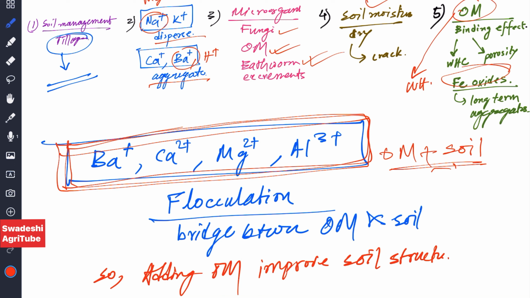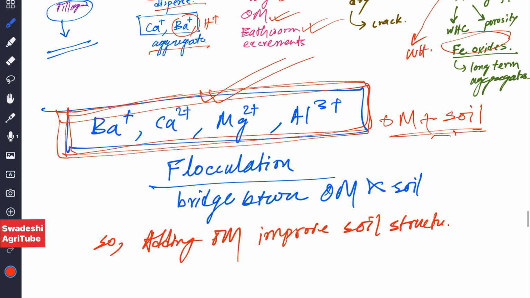When in the soil there is more presence of these ions, there will be more flocculation. Okay, and not only these ions, we also have to add organic matter, otherwise these ions will not aggregate. They need the organic matter and the soil to bridge between them and to make the soil structure more correct.